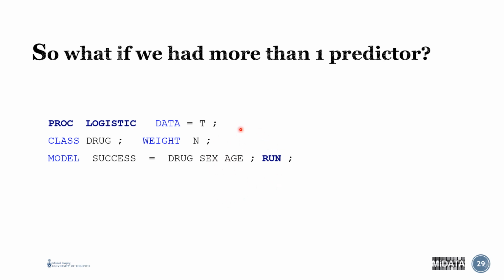With a continuous variable, the odds ratio is the odds ratio for every unit increase in age. So for every year, for instance, if year is the unit, for every year increase in age, the odds ratio for success, so the association of the 1 year increase in age with success, will be that odds ratio.